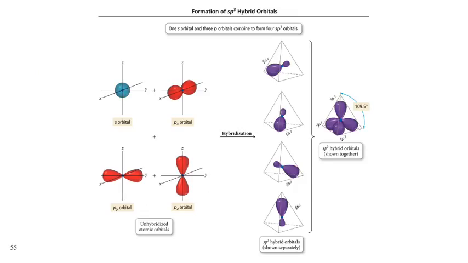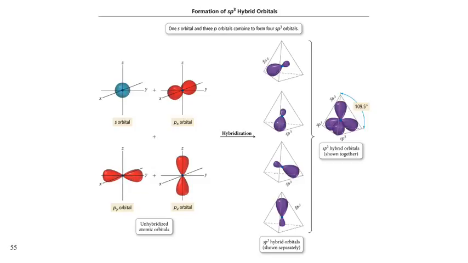So looking at our balloon shapes, what happens when we're doing this? We've got the s orbital and we've got p orbitals in the carbon atom. Those are the unhybridized orbitals. There are three p orbitals and they are at right angles to each other. These orbitals have a lobe on each side of the nucleus.